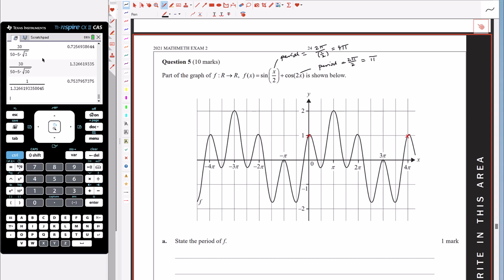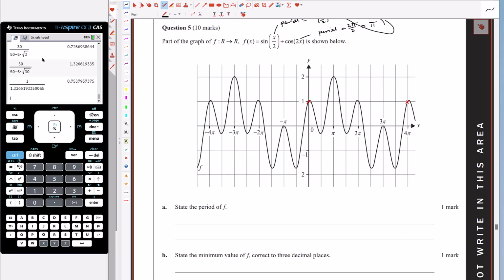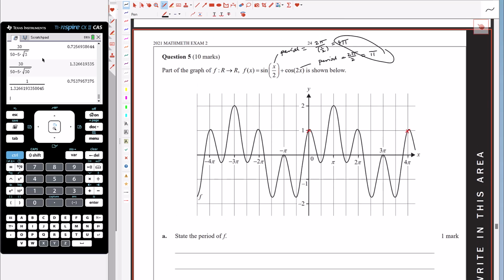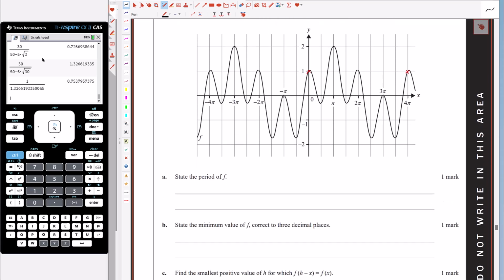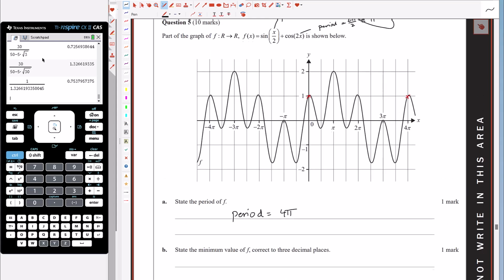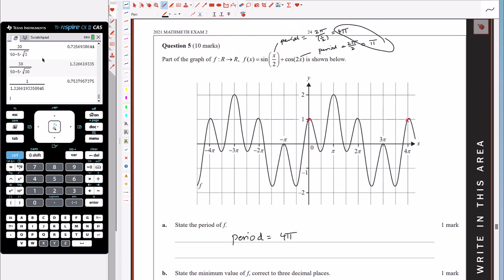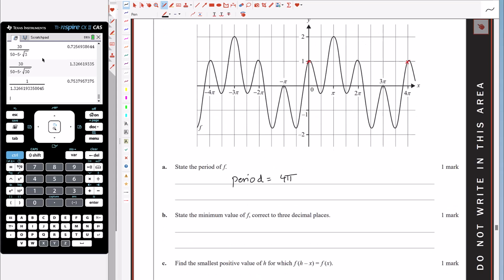But if you're adding those two graphs together, you're going to need the lowest common multiple of these two separate periods to get the period of the sum function. So the lowest common multiple is indeed going to be 4 pi, and that matches what we're seeing on the graph. Okay, so the period is going to be 4 pi, and that is the lowest common multiple of the period of the two separate graphs.